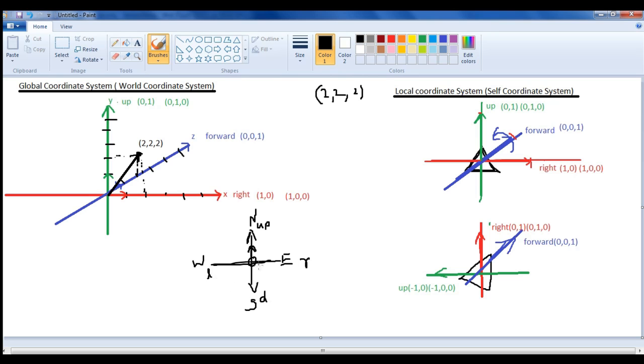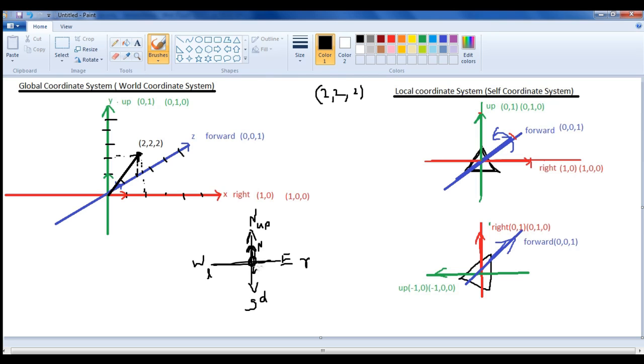Now let us take, you are standing over here and looking in this direction. Of course, for you, this one is north. According to you, north is front, and this is down.